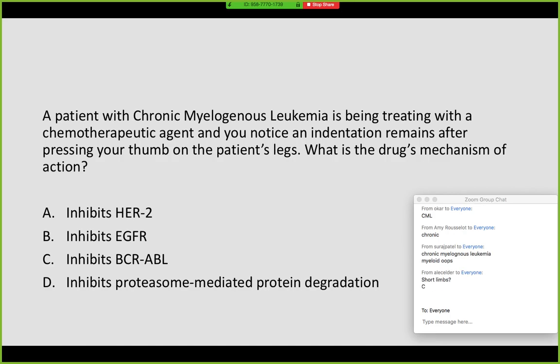Right, C, so it's going to inhibit BCR-ABL. What adverse effect am I describing here by saying an indentation? Yeah, so fluid retention or edema. Good. Okay.